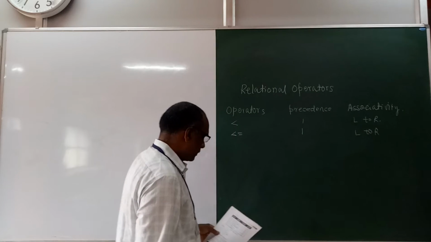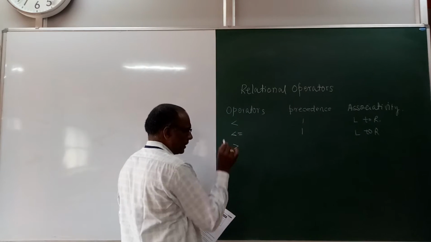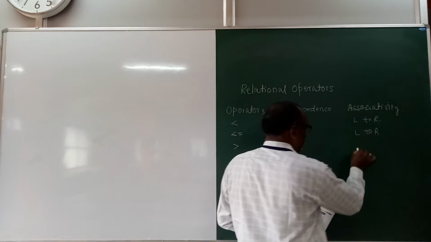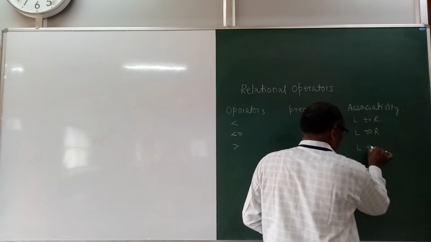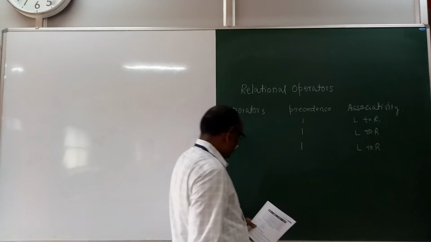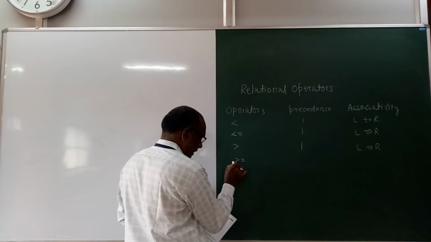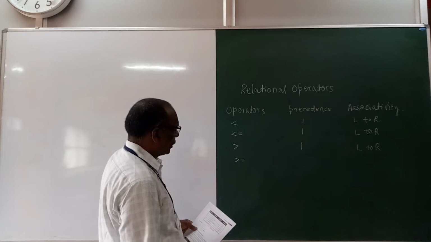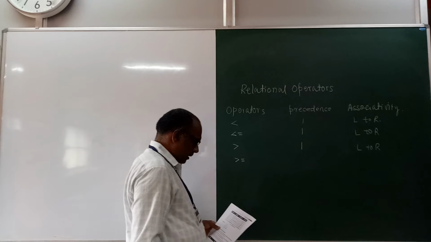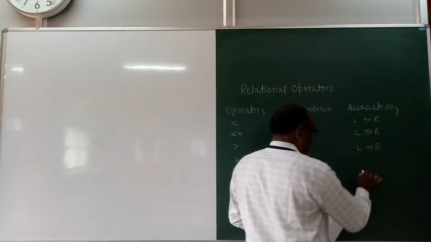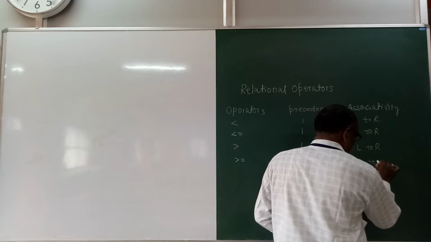So greater than, this priority or precedence is 1 and it is left to right. Greater than or equal to, we write like this, its precedence is 1, left to right.